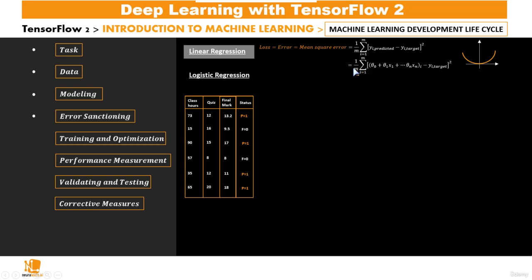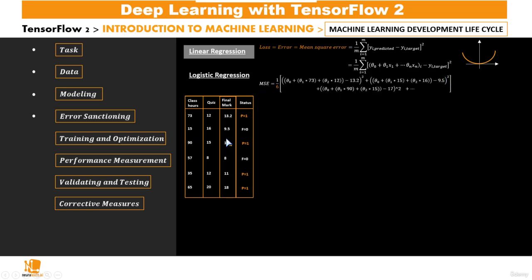And then the mean comes from the fact that we're dividing all through by m. So if we have 1,000 data points, we're going to divide all through by 1,000. Now, this mean square error, being a quadratic function, takes this kind of shape.